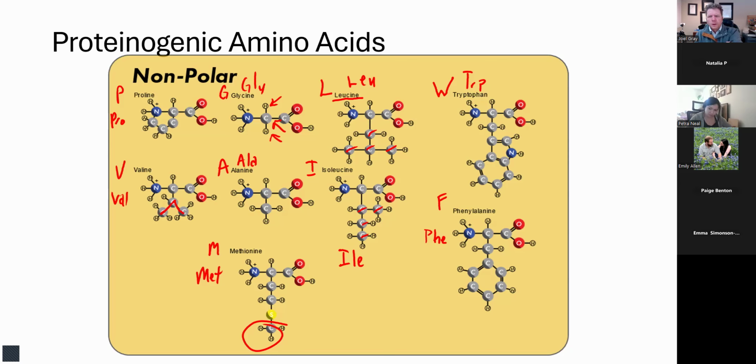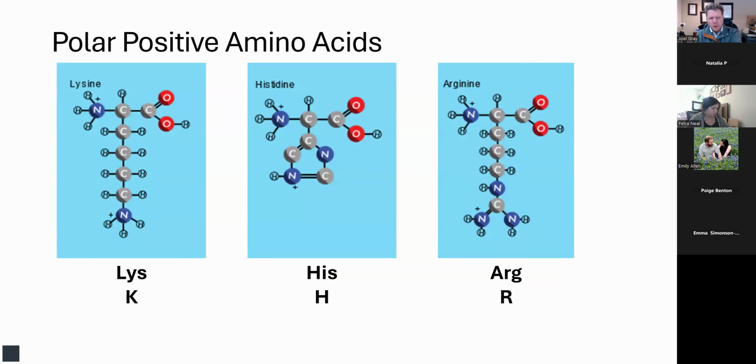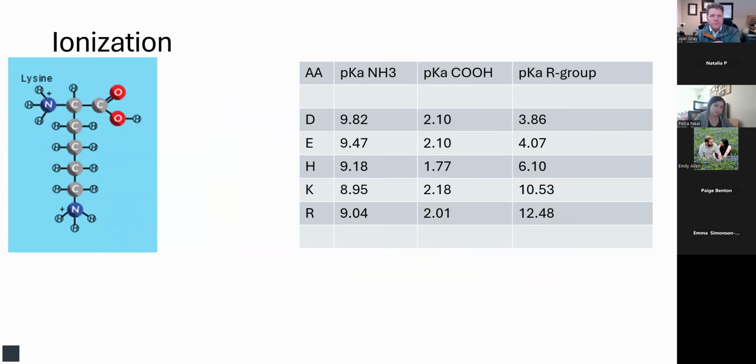Okay, so now we're going to go back to our polar positive amino acids, lysine, histidine, arginine. We've got 3 ionizable groups. I previously mentioned that I'm not going to expect you to know pKa values, and I stand by that.